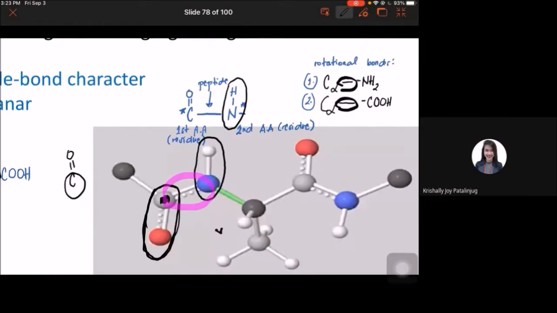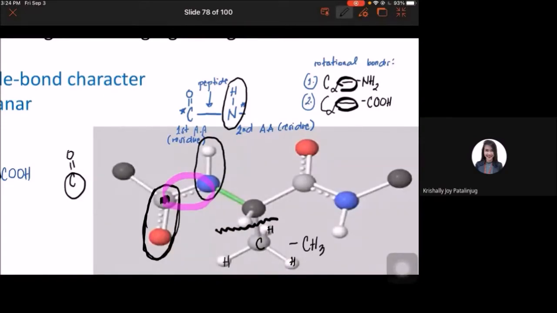So as you can see here, the one with no matching structure is the one at the bottom. The rest have the same colored atoms, so they are probably the carboxyl part and the amino group part. The one at the bottom is actually CH3. This is the carbon, then hydrogen, hydrogen, hydrogen. So CH3, an R group of an amino acid.